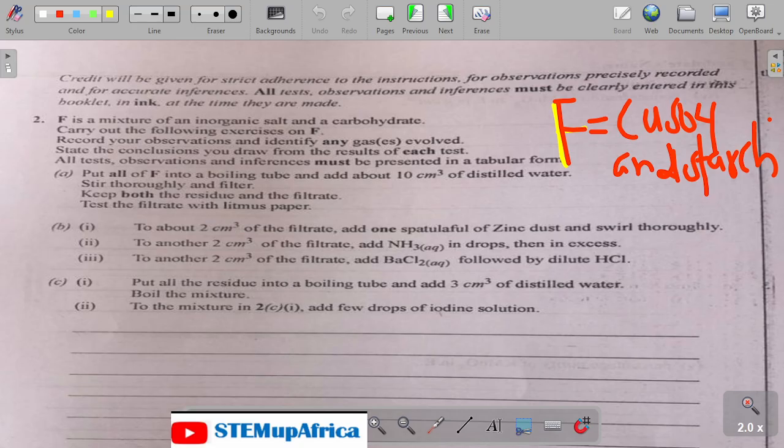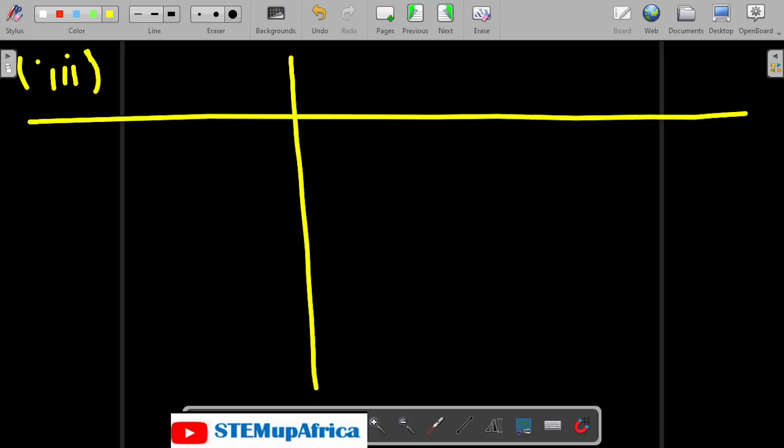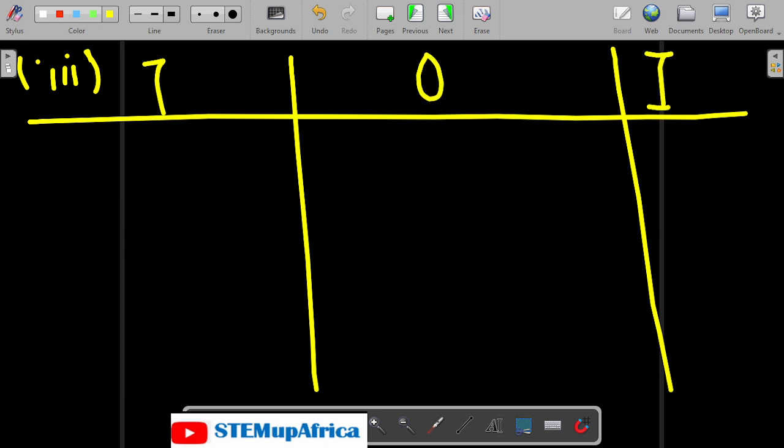Then what else? Roman figure 3, 2 cm cube of filtrate, then we're adding barium chloride followed by dilute HCl. The same table: test, observation, inference.